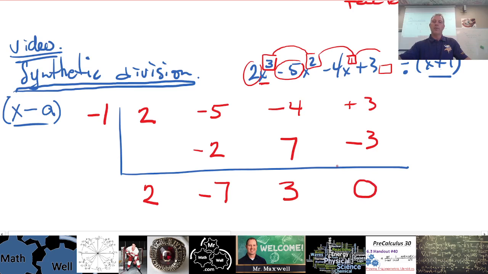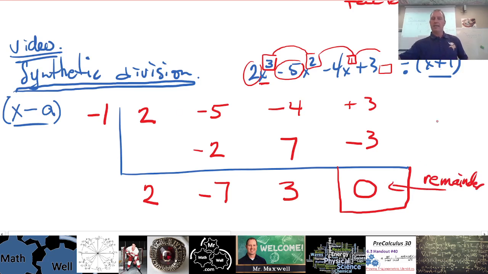Now if you remember, I always put a box under the constant of the last term. And that reminds me that this is the remainder. Okay? That's the remainder. And if x plus 1 is a factor, this should always be 0. So this is your p of -1 here, right? That should always be your remainder.